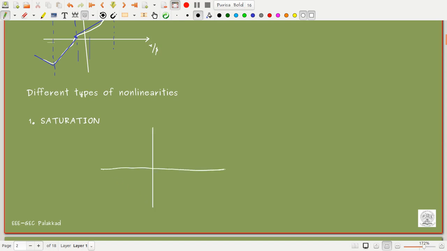For example, if I change the current through a system and try to see how much the magnetic material has been magnetized, we can see that initially it magnetizes almost linearly as we go on increasing the current, and after some time it saturates and becomes constant.